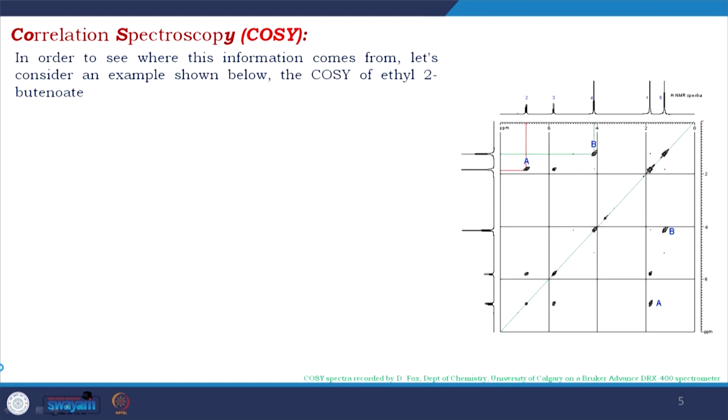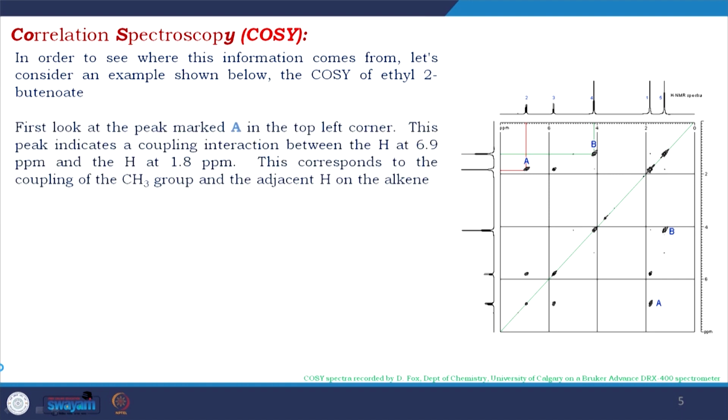In order to see where this information comes from, we consider the example of ethyl 2-butenoate. If you see, there is a cross peak which is A. This peak indicates a coupling interaction between the hydrogen at 6.9 ppm and another at 1.8.